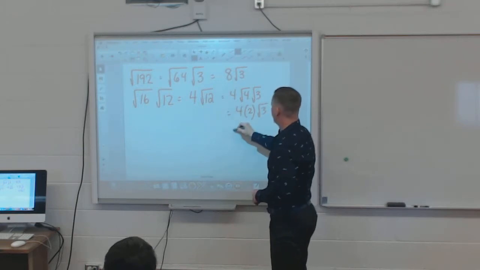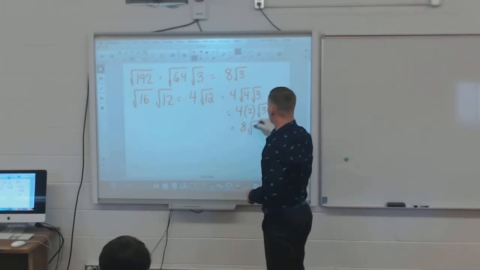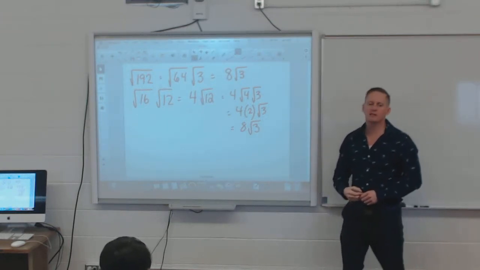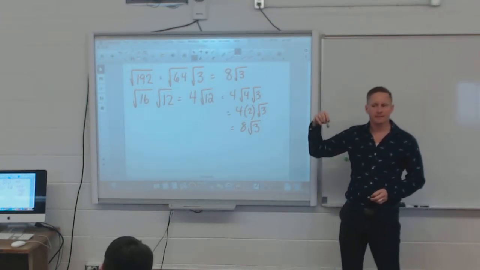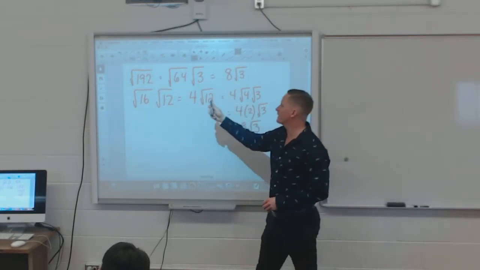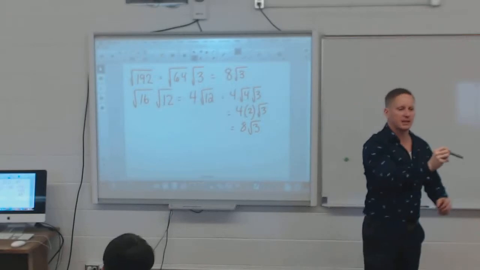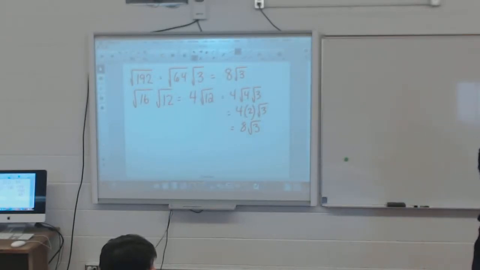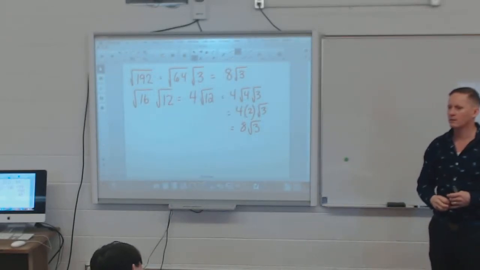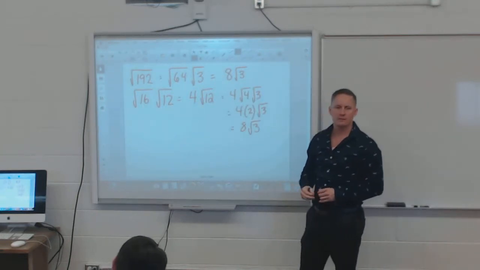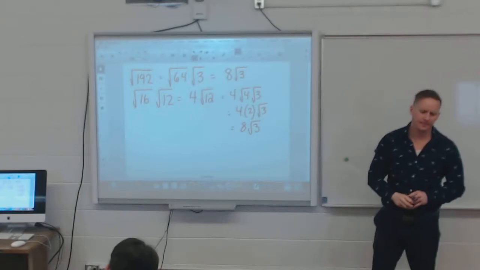Square root 3. 4 times 2 is 8. 8 square root 3. So you can still do this. If you don't know what the largest number is that goes into 192 evenly, that's a perfect square, you can just keep breaking it down until you can't break it down anymore. And still end up with the same answer. There it is. Okay, so that can be done.